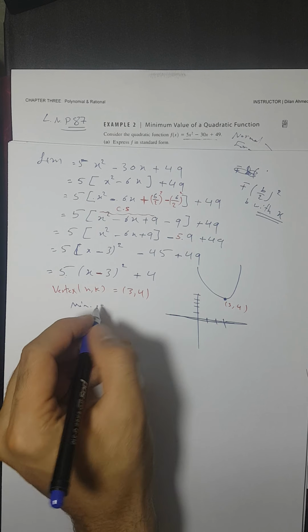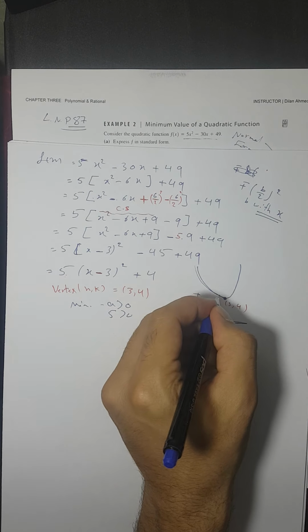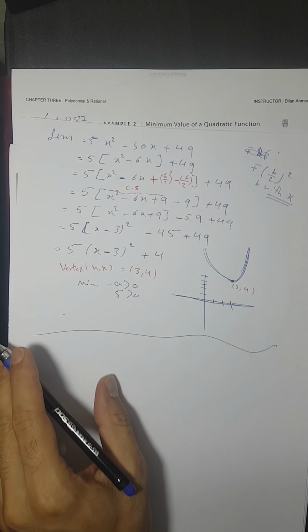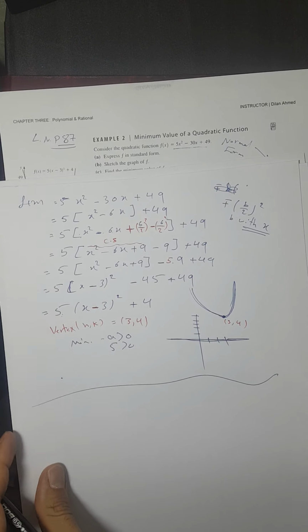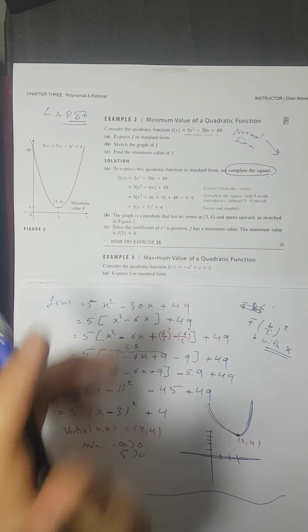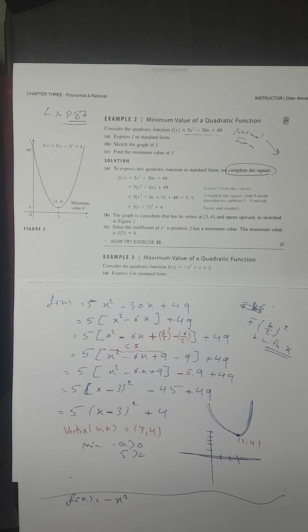Why minimum? Because a is greater than 0, or you can directly decide from the shape that it's a minimum point. Here's example 2, and I'm going to example 3 on the same page. We have f of x is equal to minus x squared.